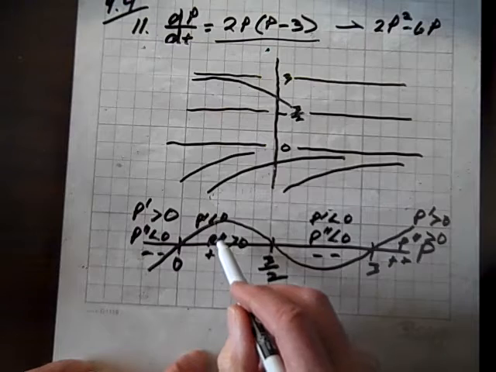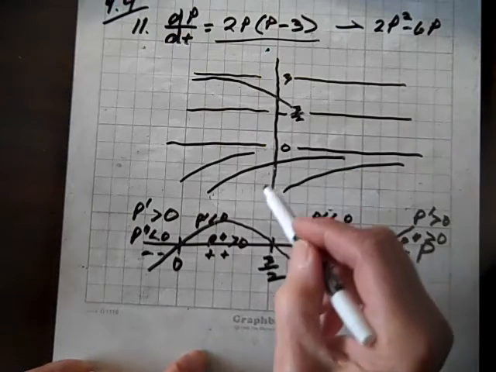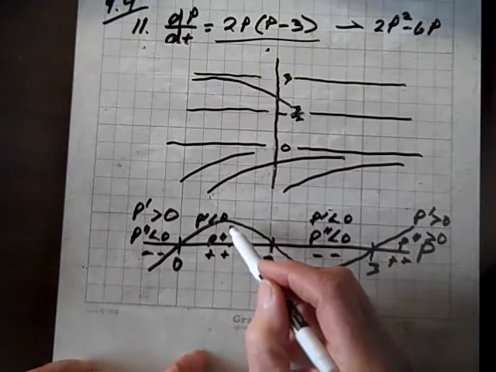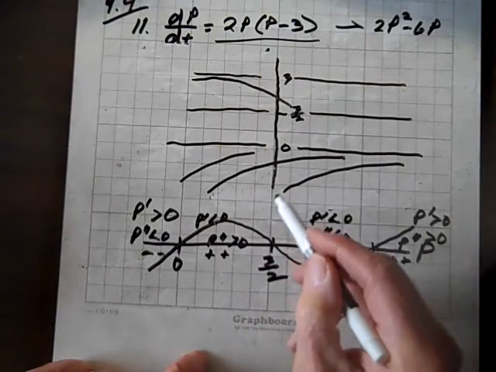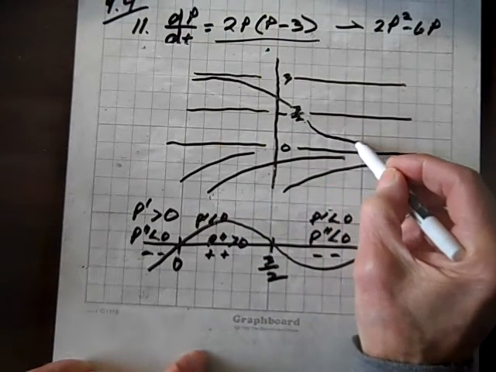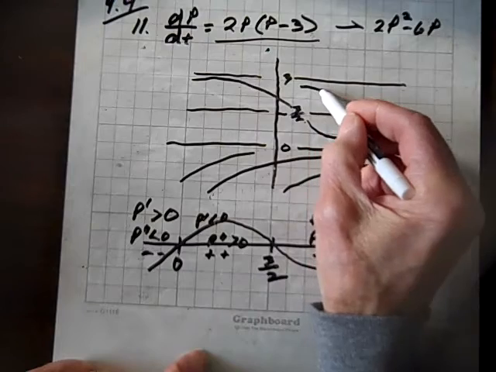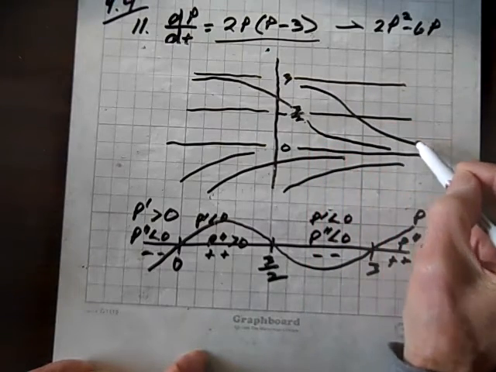And then on the interval below 3/2, our slope is still negative, but our concavity's up, so it's going to look like this. So consequently, we have something looking like that.